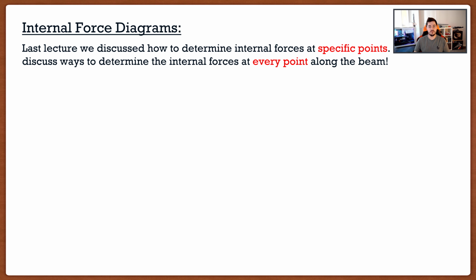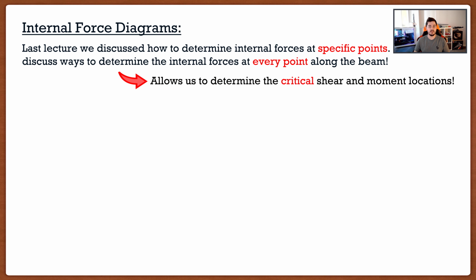So what we're going to do now is learn to solve for these internal forces at every point throughout our beam. The reason why we do this is because this allows us to determine the critical shear and moment locations, which is important as a designer. As a designer, I don't care what the average shear is. What I care about is where the maximum shear is. And the same thing for moments. I care about where the maximum moment is and where it occurs, so I can design against it.